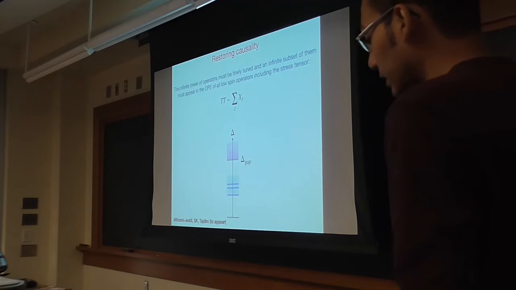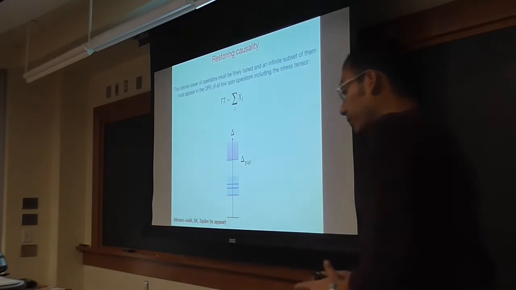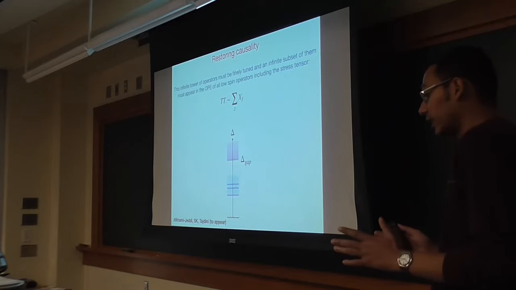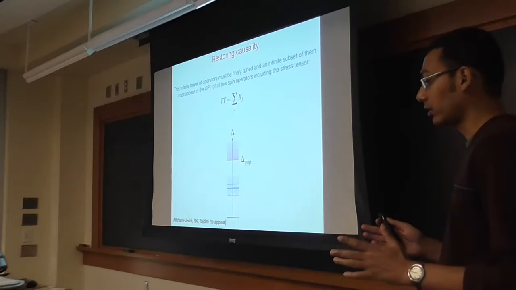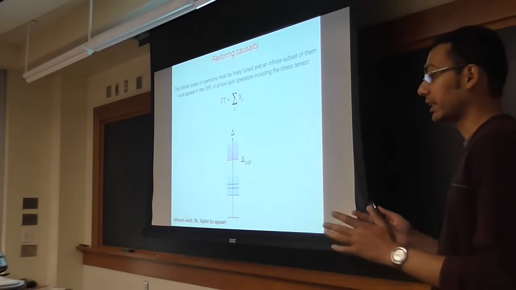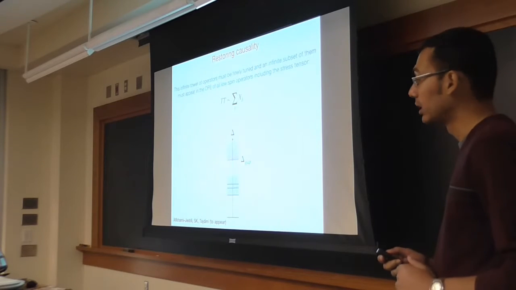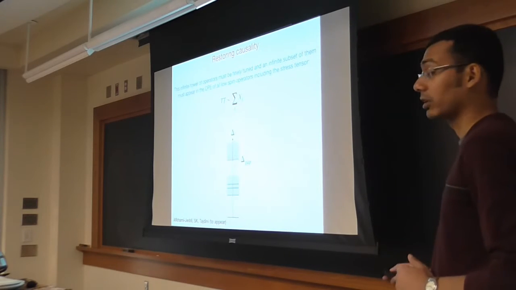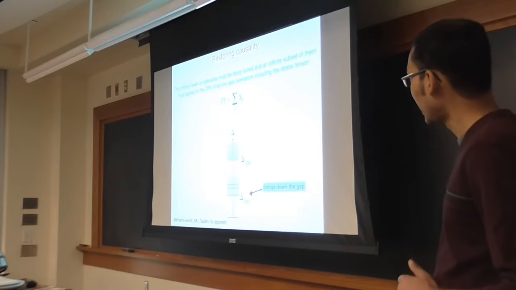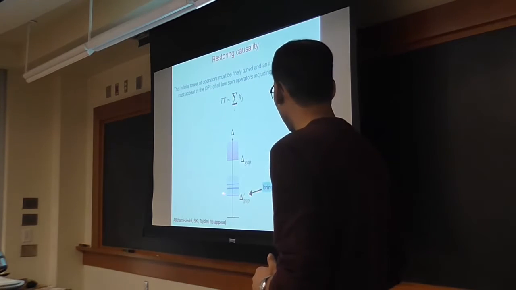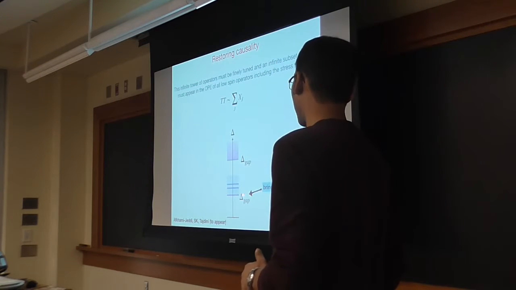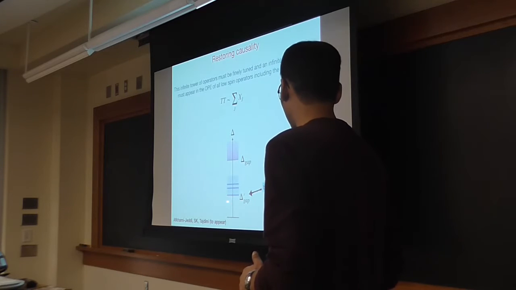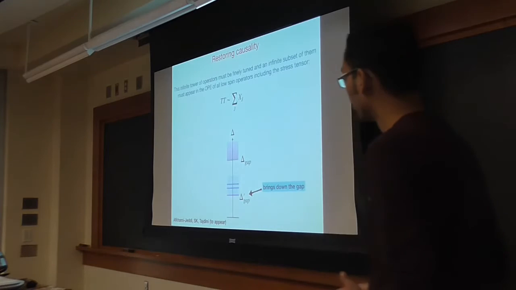So what it means is the following: even if you just consider a CFT correlation function where your external operators are either the stress tensor or any low spin operator, even then this infinite tower will contribute. That means this will correspond to the new gap that appears, and this will be given by the operator with the lowest dimension.